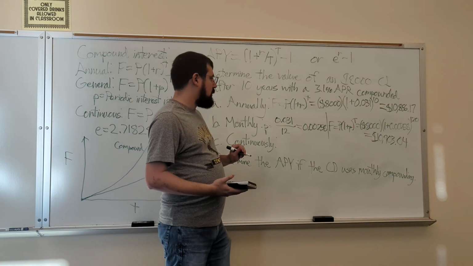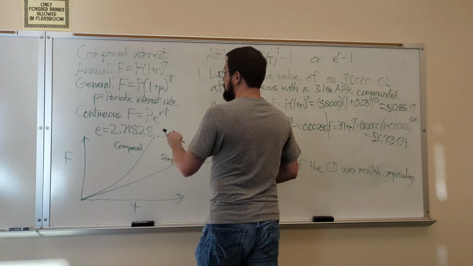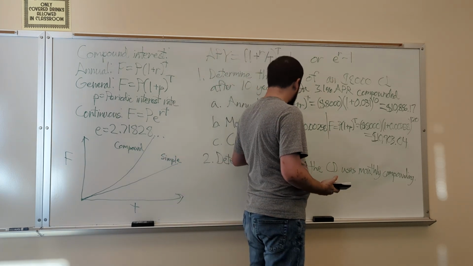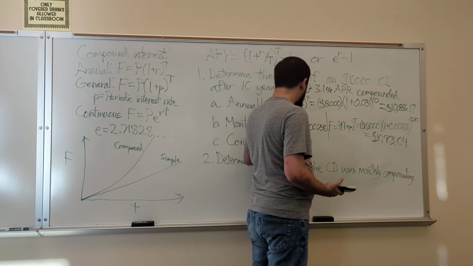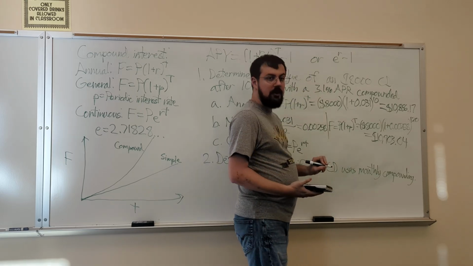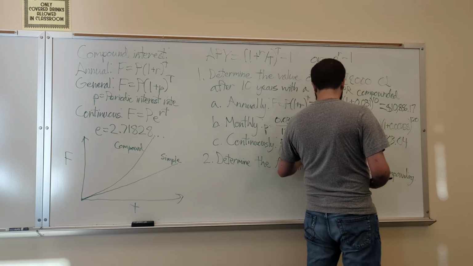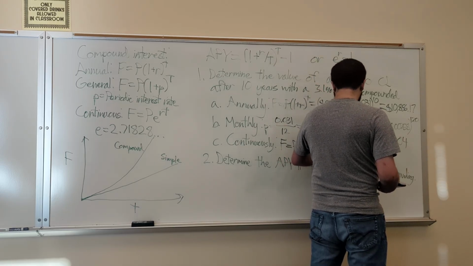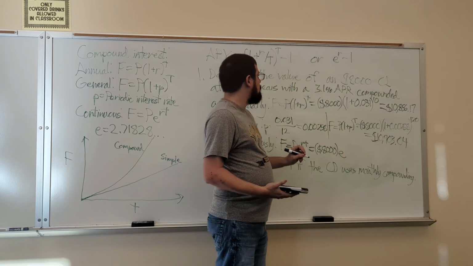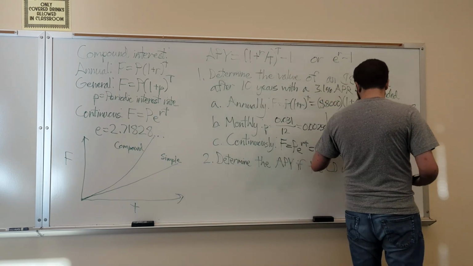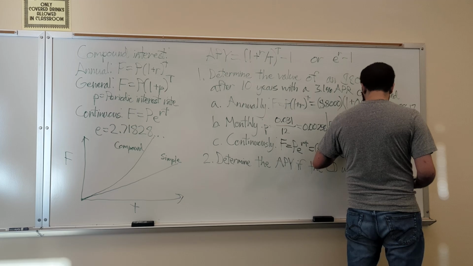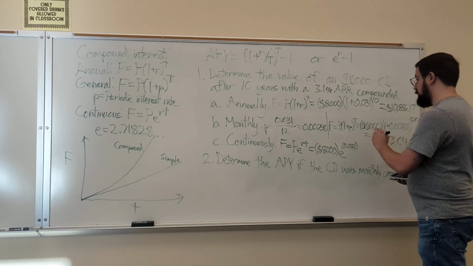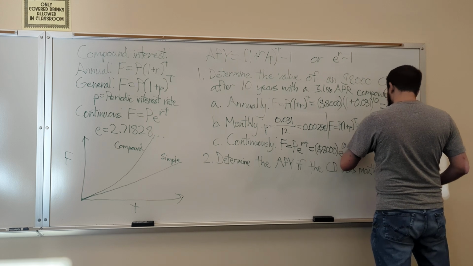All right, last one, continuous compounding. We have this last formula for F equals P e to the RT. So our principal, once again, $8,000. e to the R, and then R is once again 0.031 times T, and then T is going to be in years again, so times 10.